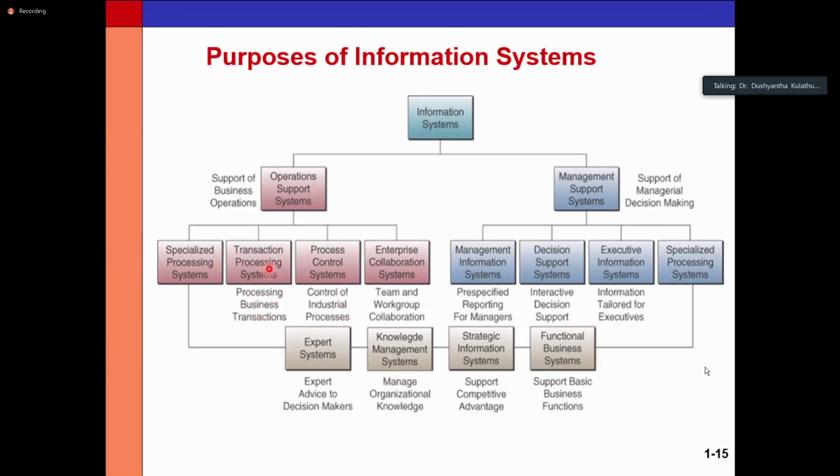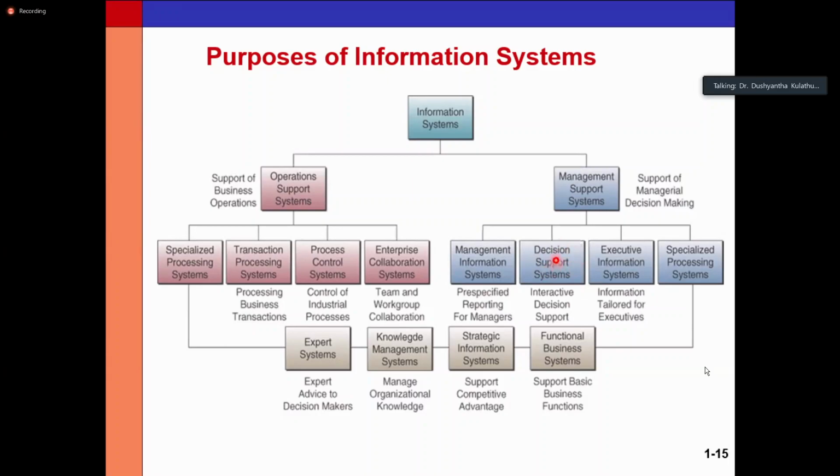Processing business transactions is done by TPS, transaction processing systems. Process control systems control industrial processes. Enterprise collaboration systems support team and work group collaboration. MIS provides pre-specified information, which I elaborated earlier.